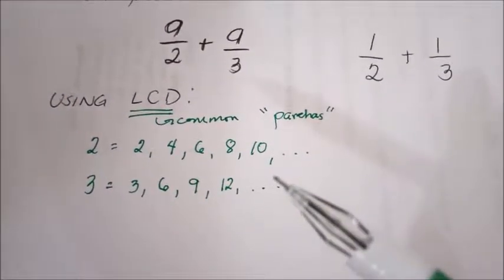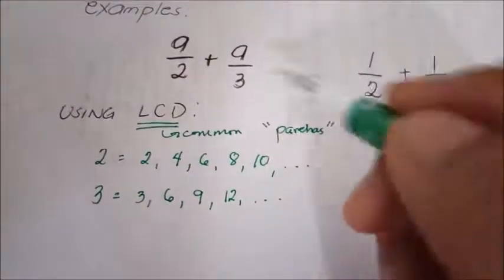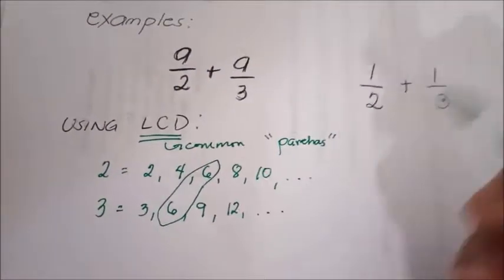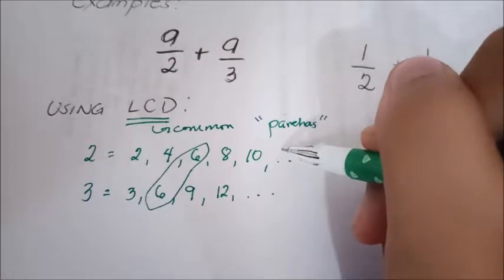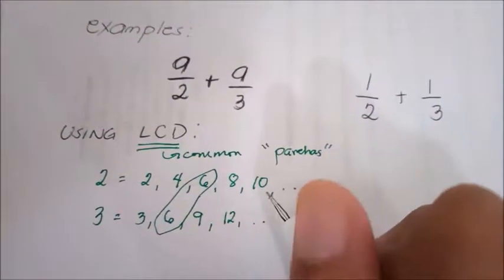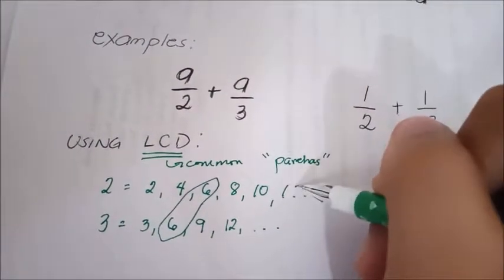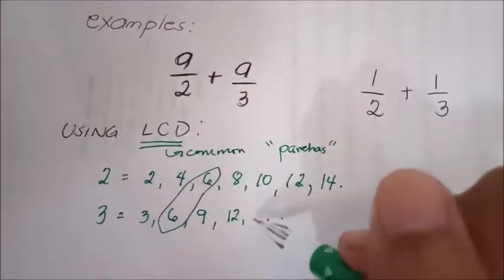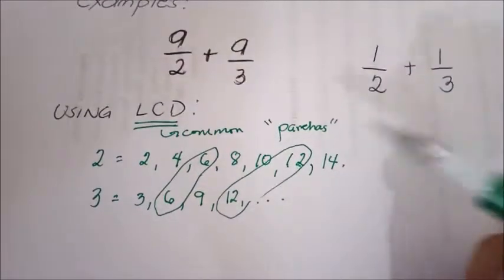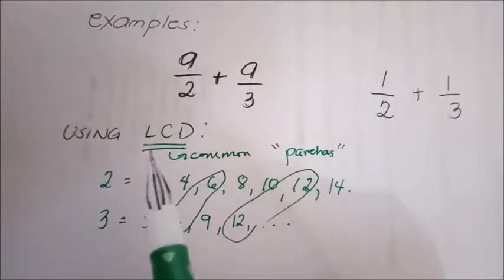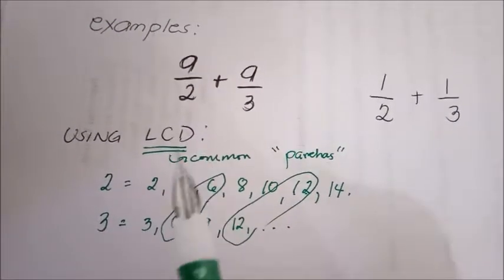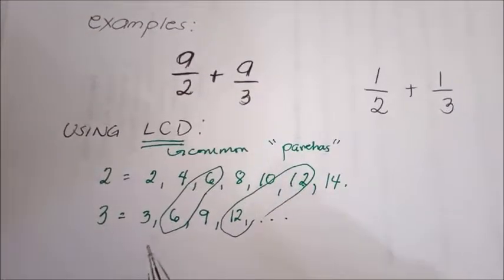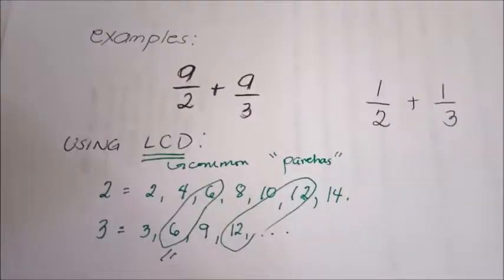So, kung ang sagot po ninyo is 6, then you are correct. Kung mapapansin ninyo, if we are to add the other multiples after 10, no, we have 12. You also have 14. So, aside from 6, common din si 12. Pero, again, ulitin natin, least common denominator, least common multiple ng denominators natin. So, yung pinakamababa ang pipiliin natin, which is 6.